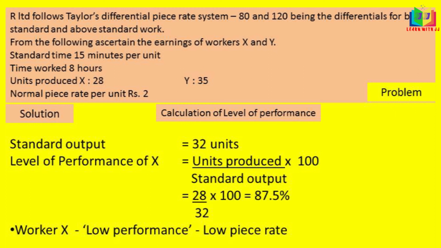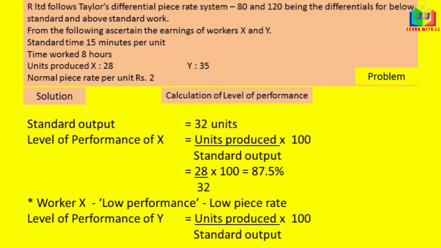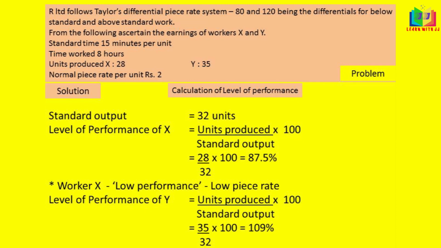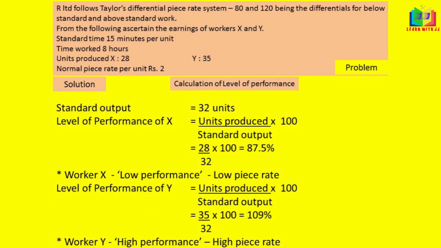Now we'll calculate for worker Y. Here the units produced by Y is 35 units and the standard output is 32, so we'll get 109%. The performance is high because it exceeds 100%, so he'll get the high piece rate.